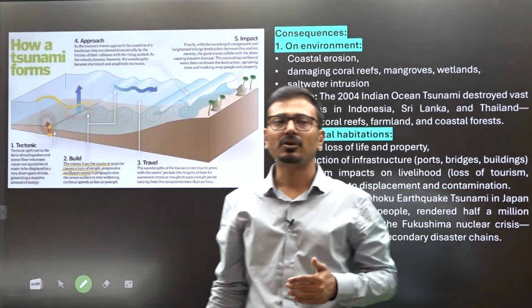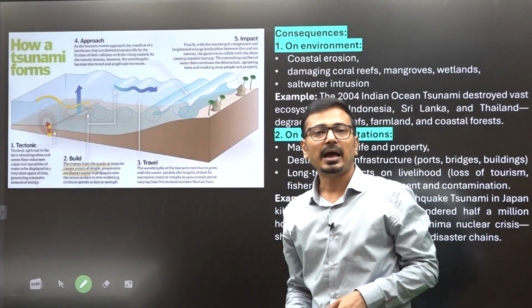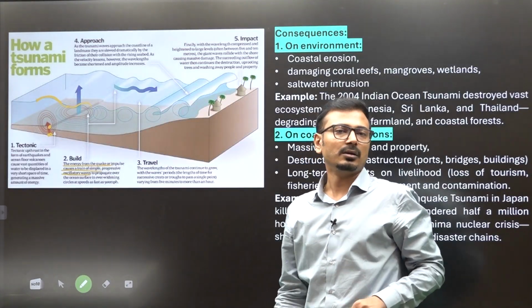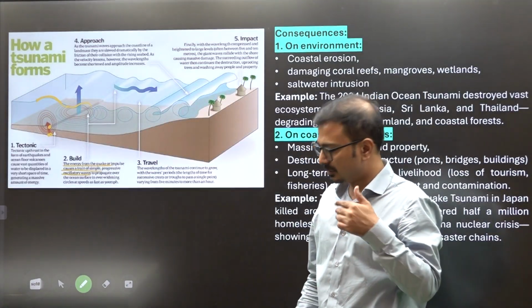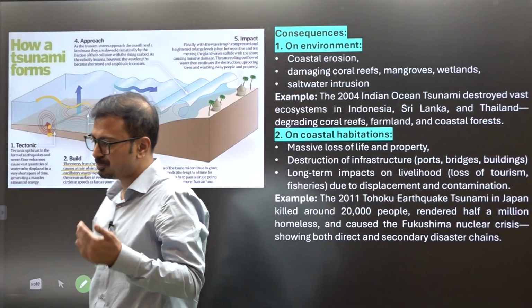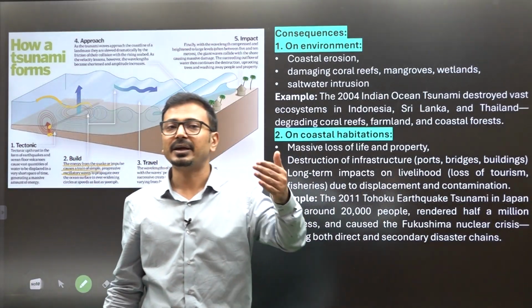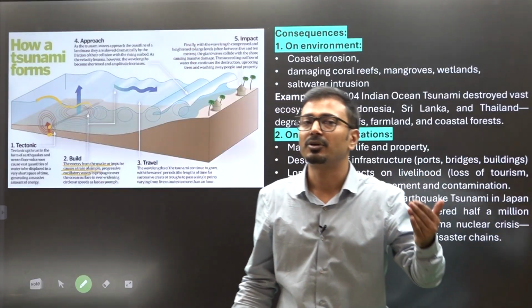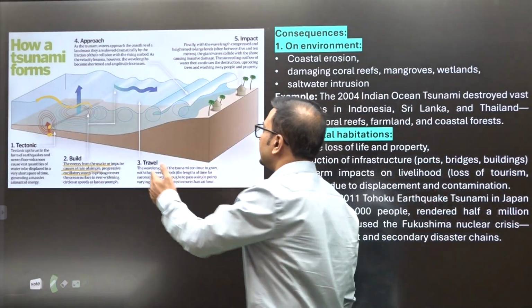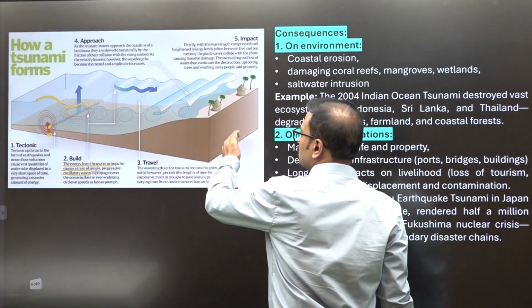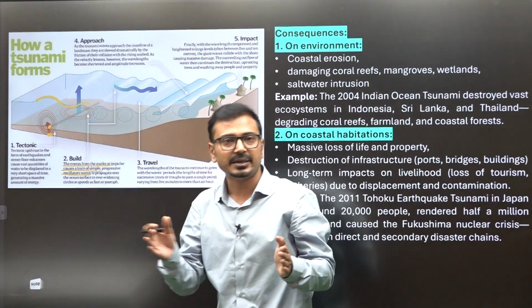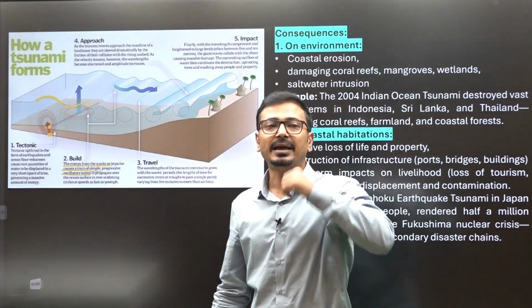Now if you see in the deep sea, the wavelength of these tsunami waves is large and the amplitude is small. So that's why seafarers, or ships that are deep inside the ocean, may not feel the effect of tsunami waves. But as these waves approach the coast, their wavelength reduces and amplitude rises.